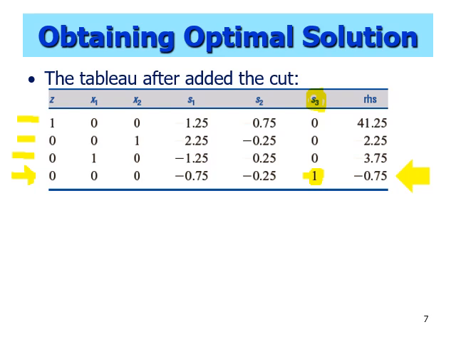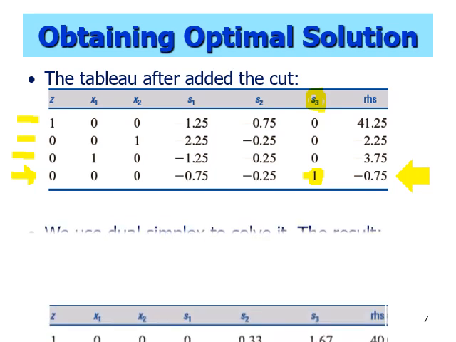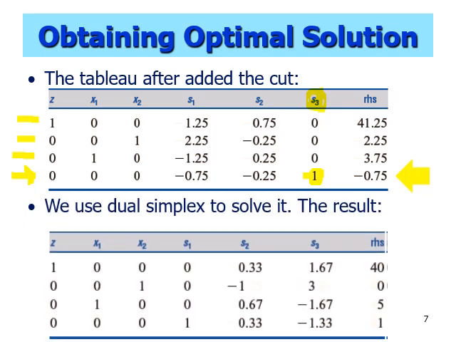Remember, when you're adding a constraint like this, it is easier to solve this problem using dual simplex. Basically, you just pick the most negative right-hand side, and then you check the ratio test for all the variables with negative coefficients, and pick the one with the smallest absolute value of ratio test.